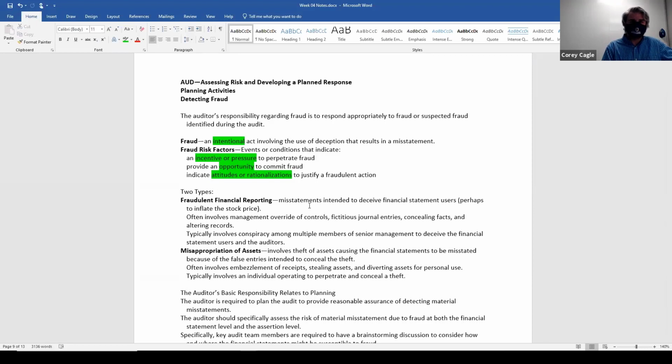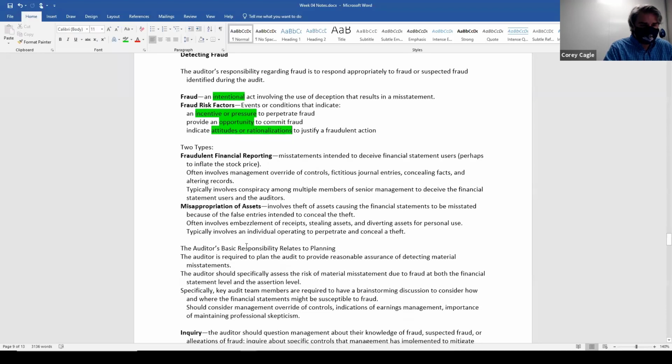And if you assess that there's a terrible tone at the top, then you're like, okay, bad attitudes here, rationalization of employees are going to be like, well, management doesn't care, I'll just do this. So you consider all these risks. So that's your fraud triangle. Good things to know for sure. So those are your risk factors.